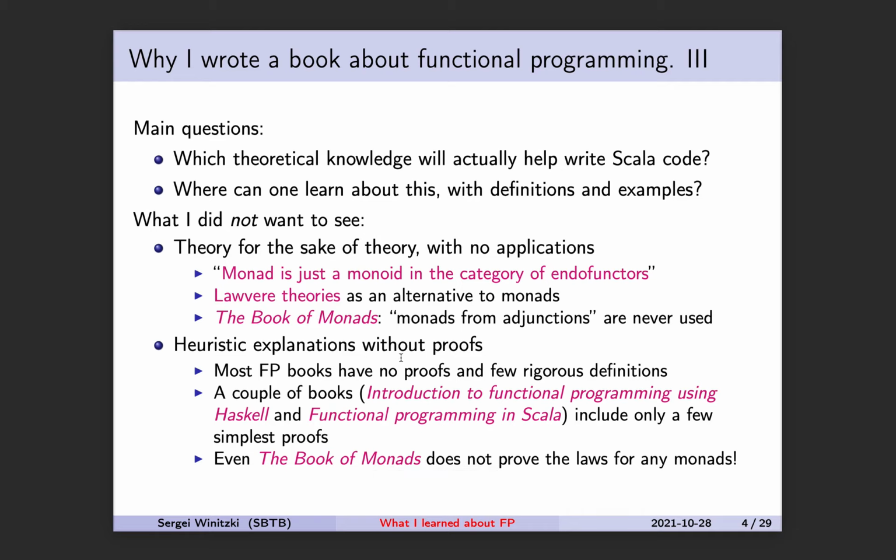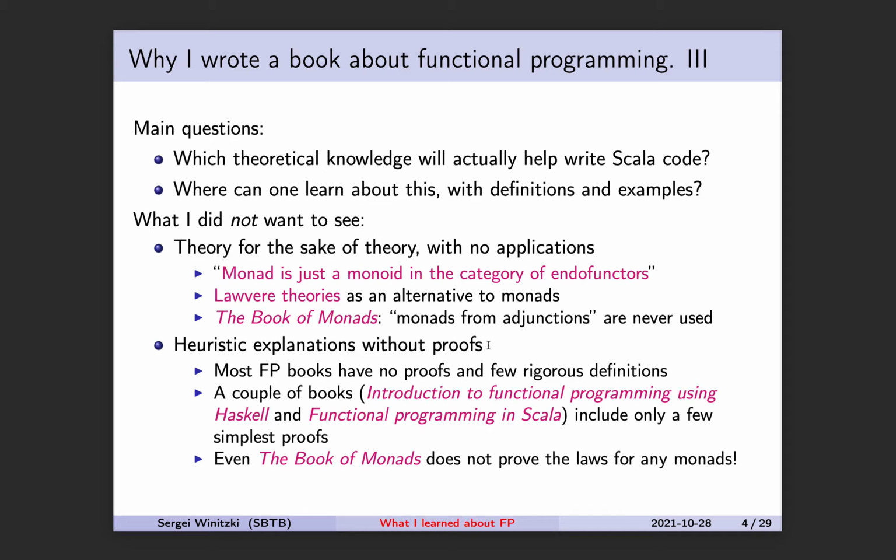So I was interested in finding proofs because I would like to verify that some things are correct about monads, or that my code is correct, but I could not find books that show those proofs, or they are extremely academic and not really practical.